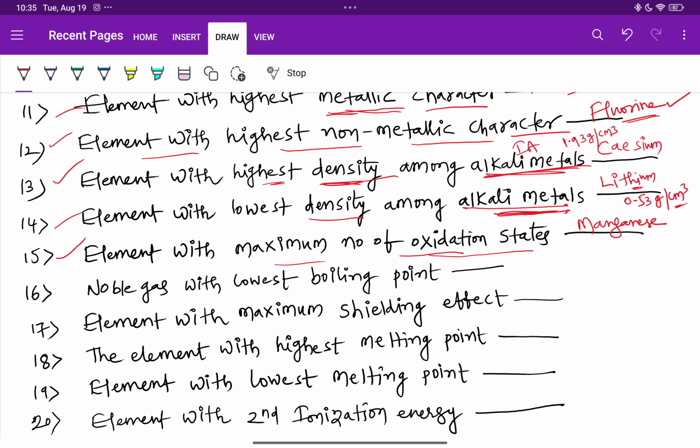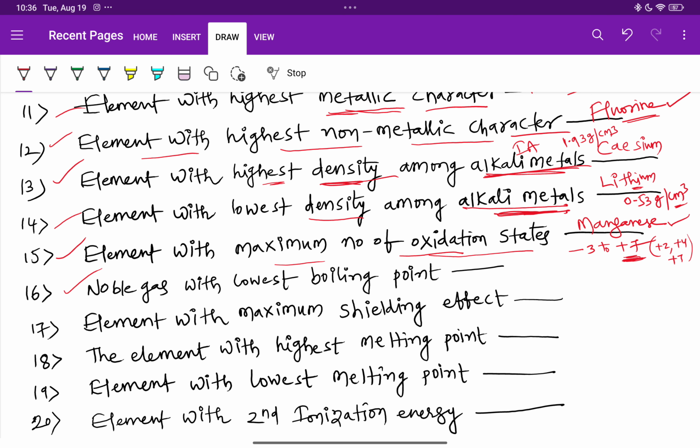So commonly it can show +2, +4 and +7. +7 is the maximum oxidation state of manganese, commonly showing +2, +4 and +7 in different compounds. The element showing the highest number of oxidation states is manganese.